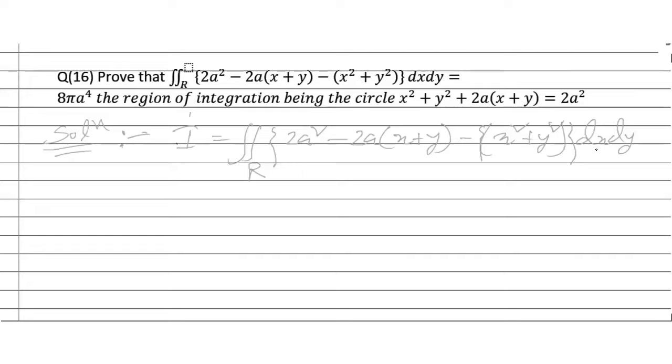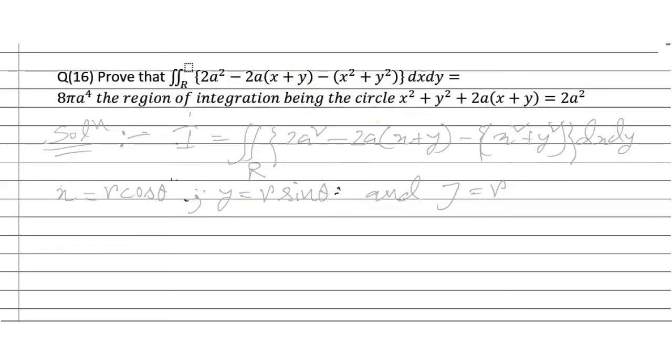So friends, we can write x is equal to r cos theta and y is equal to r sine theta, and J equals r. Sorry, this is not actually correct. Because in the question you have to see the region.